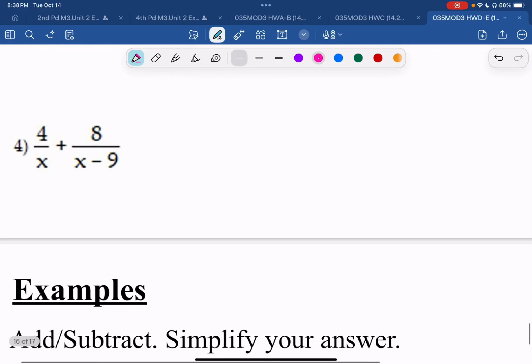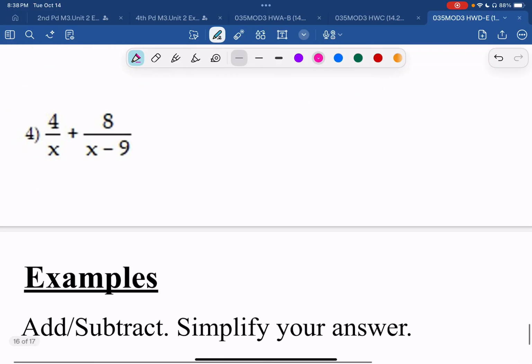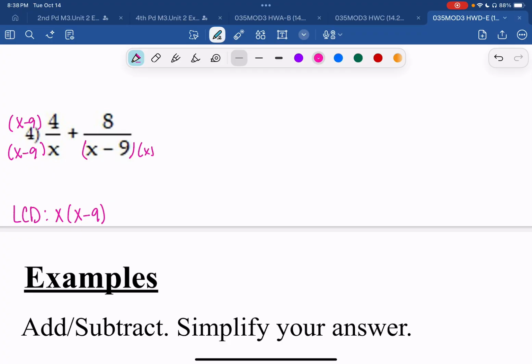All right, let's look at 4. So in 4, there's nothing to factor here. So that means that for my LCD, I need both things. So I need an LCD that's got x and that's got x minus 9. So that means that this first one needs an x minus 9. Remember, top and bottom. This one needs an x.